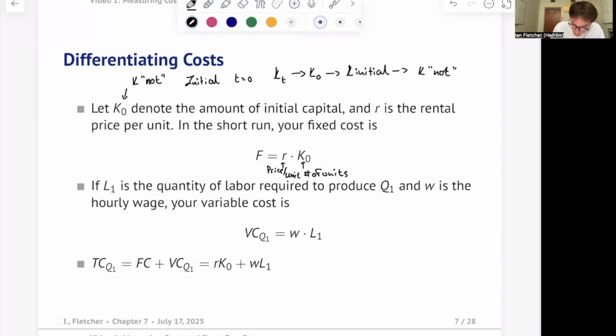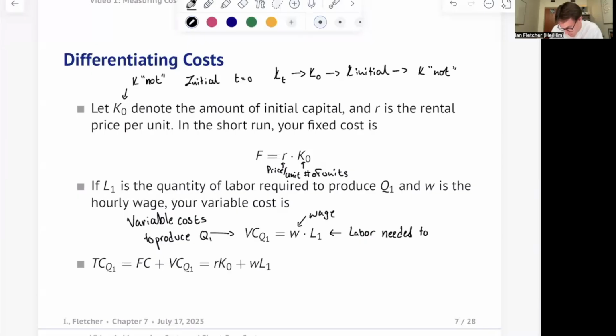So then our variable costs to produce Q1 are equal to the wage rate times the amount of labor, right? So this again is wage times labor needed to produce Q1.